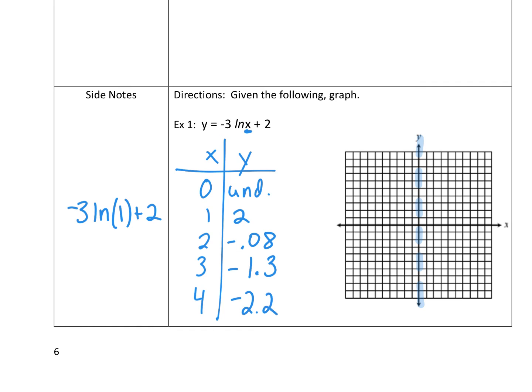Okay, cool. So it's going to look like this when we graph it.